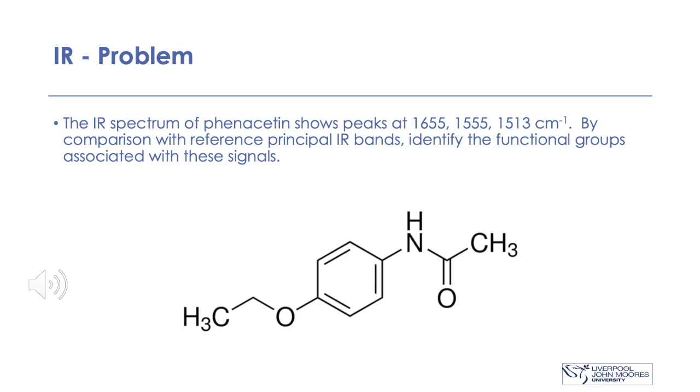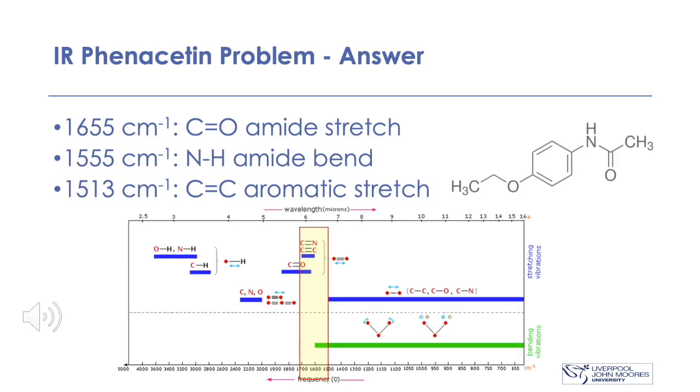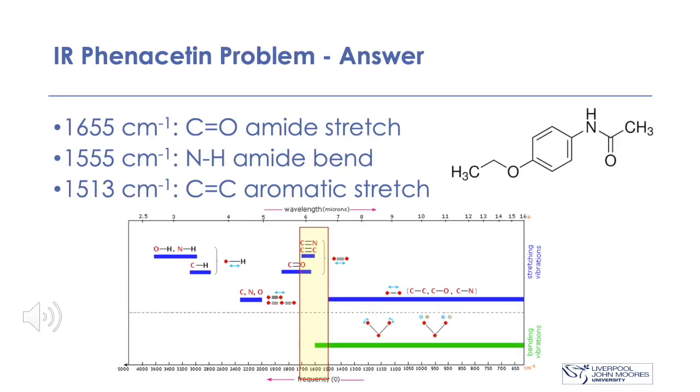We need to compare these values with reference bands in the infrared, these maps that tell you at which region different functional groups are associated. Well, here we can see that in our infrared spectroscopy map, the region between 1655 and 1500 actually contains 3 overlapping types of signals.